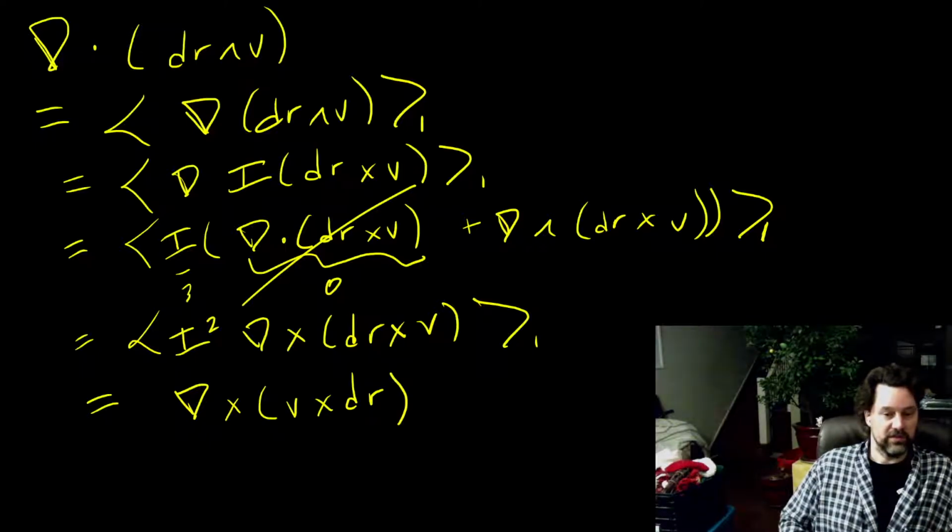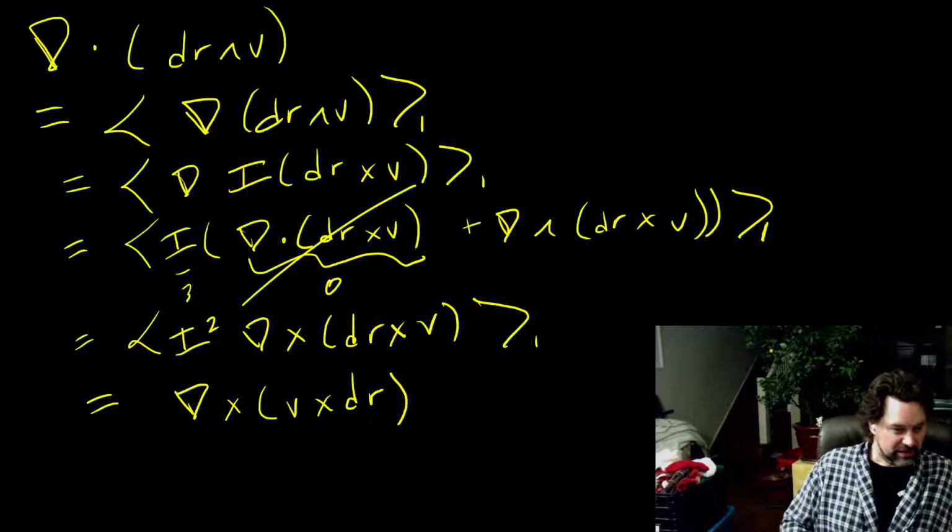All right, so here is the traditional vector analysis equivalent of this divergence, this bivector divergence. It is the triple cross of gradient, v and dr. All right, so those are different interpretations.